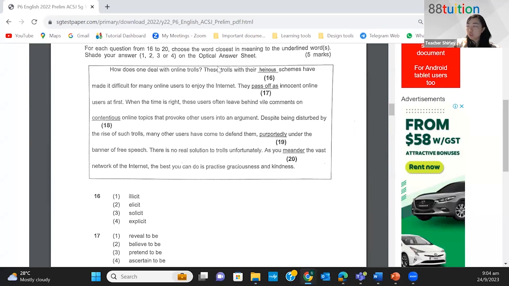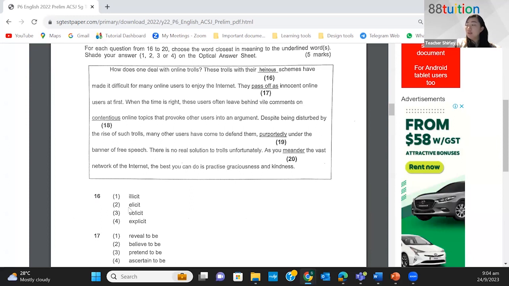it's a multiple choice question. So for example, these trolls with their heinous schemes have made it difficult for many online users to enjoy the internet. So this word heinous, you will have to then decide which of these words best fit in this blank.